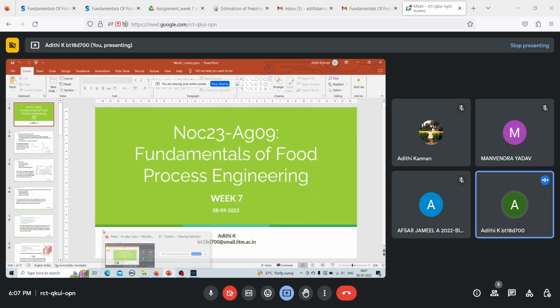Inside the food material you have conduction happening, so you have the thermal conductivity k, and x, which is the length of the food that has already been frozen. Whatever heat is being removed has to pass through this x region, that is the already frozen region, reach the surface, and then from the surface through convection it will reach the surrounding air. That is how heat is being removed.